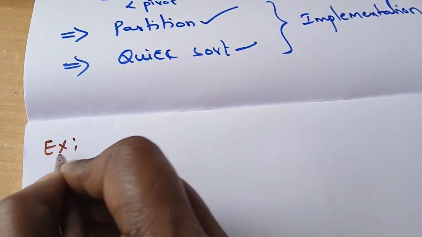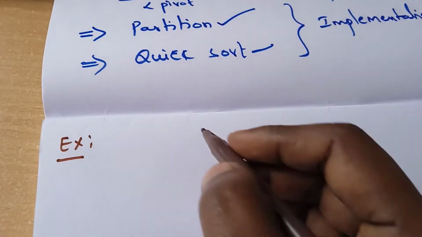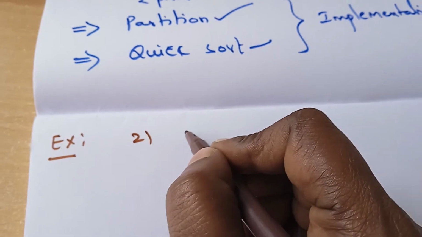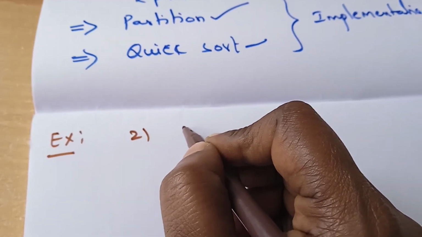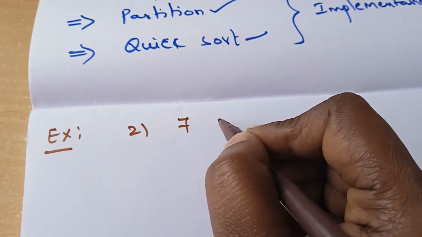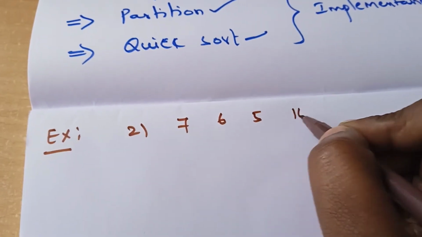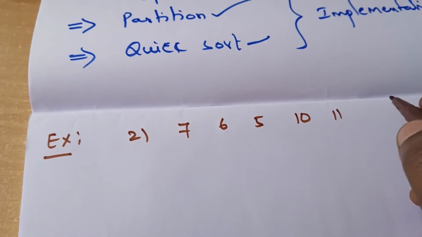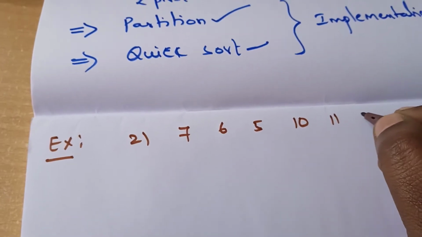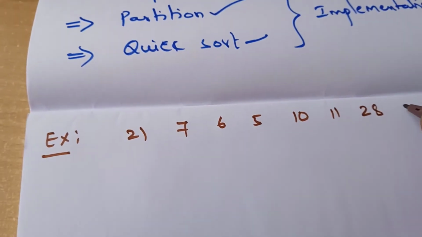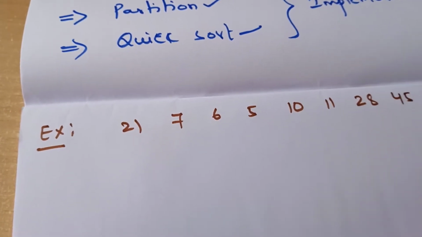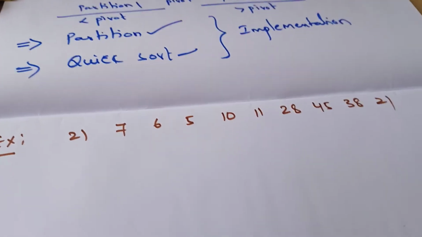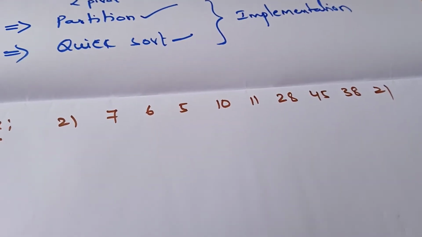Now I'm taking an example. My example is 21, 7, 6, 5, 10, 11, 28, 45, 38, 21. This is my list of elements.